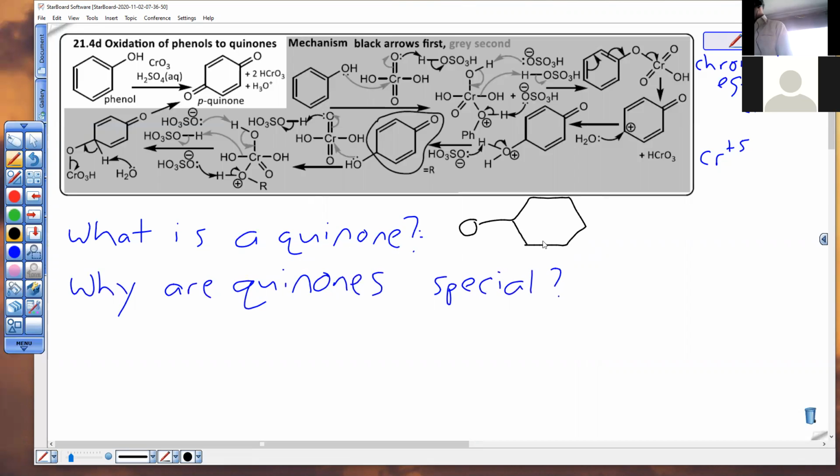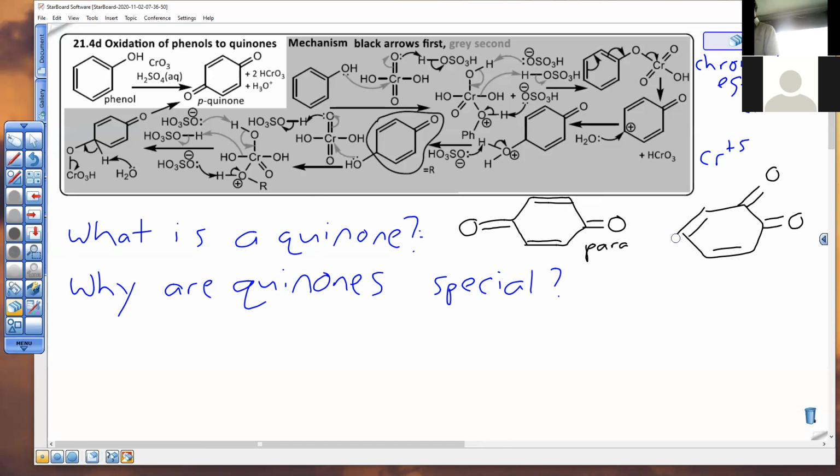You might think they don't belong in this chapter because they're not aromatic, and you would be correct. This is para, and its ortho brother is a different molecule. Has adjacent carbonyls and pi's here and here, and a very strange looking extension here. There we go. Orthoquinone.